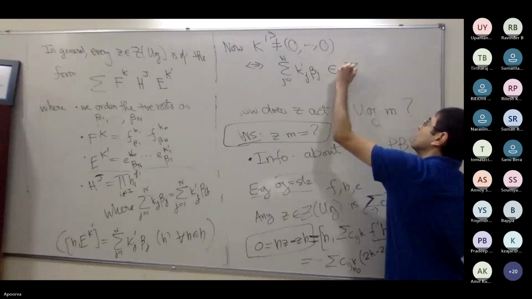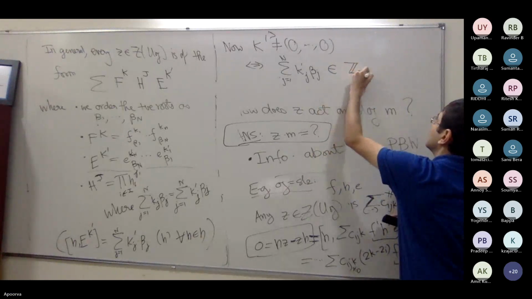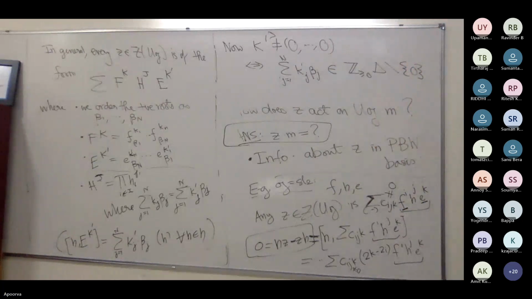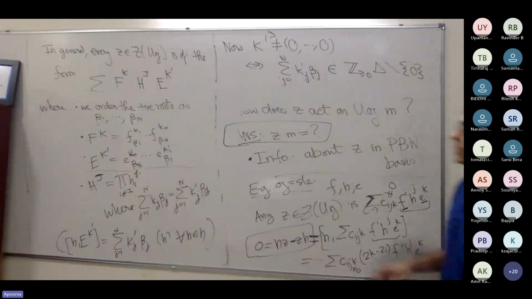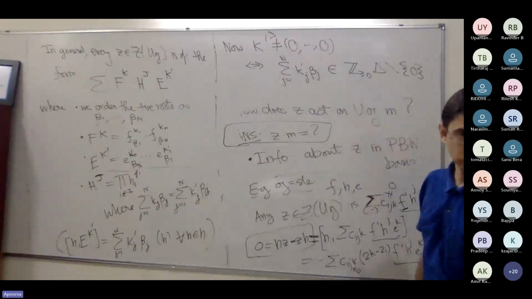belongs to... So suppose I'm given non-negative integers K prime J such that they are not all 0.